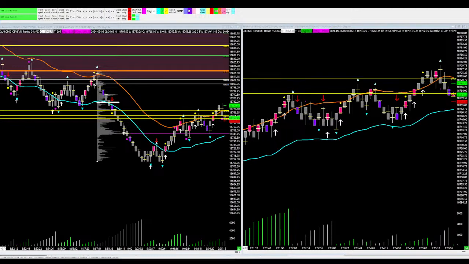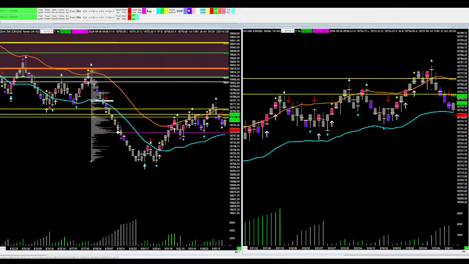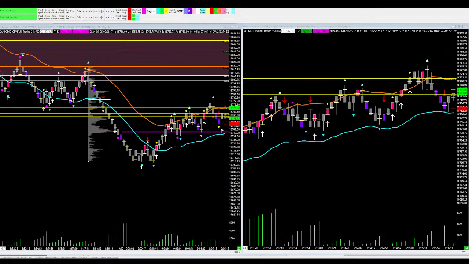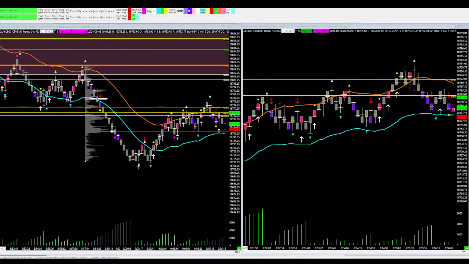Oh, there's the pink dot. If it'll push back up into that, I will short. I missed it. Sorry, I was looking at the profile. There, I'll short there. 65 against 82. May not work. It may just get stuffed. I'm willing to take the risk.